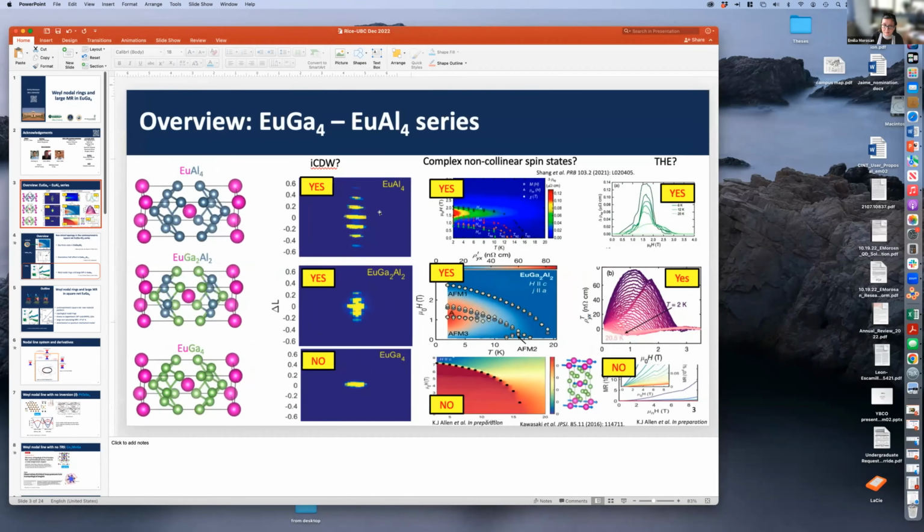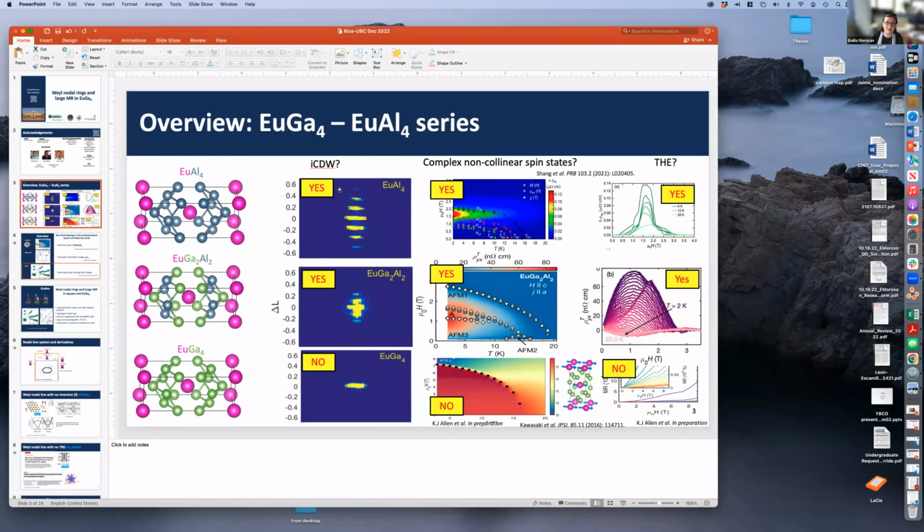So in Europium aluminum-4, there's a charge density wave, as you can see here. In Europium gallium-2, aluminum-2, there is a charge density wave. There's no charge density wave at ambient pressure in Europium gallium-4. You can induce that with pressure, but that's not what we did here. Thank you.